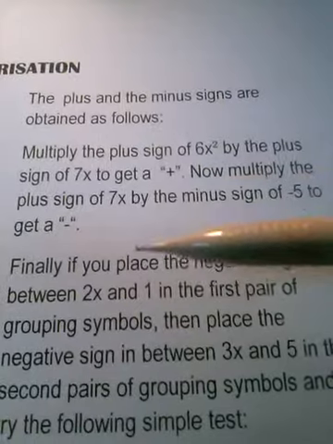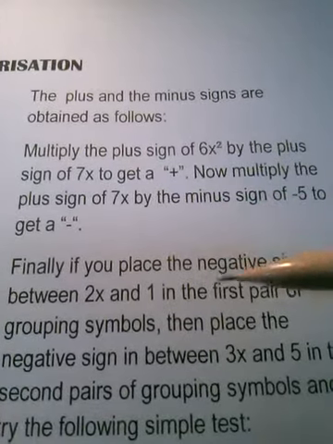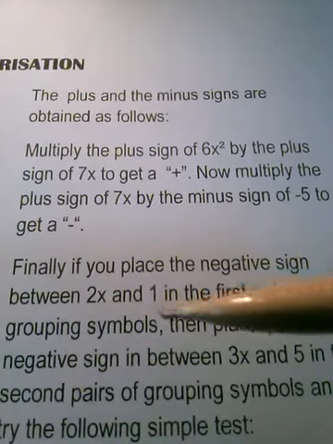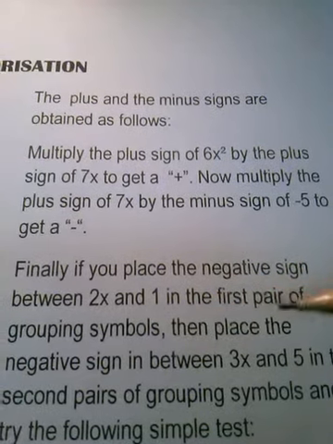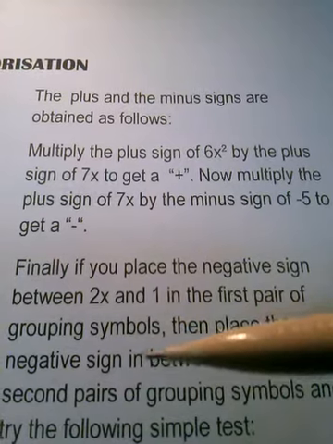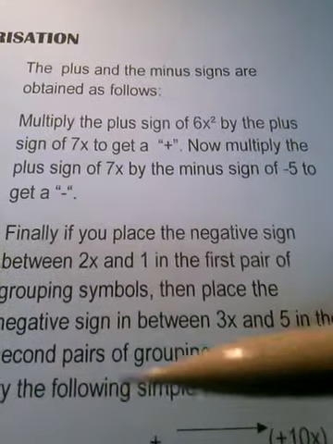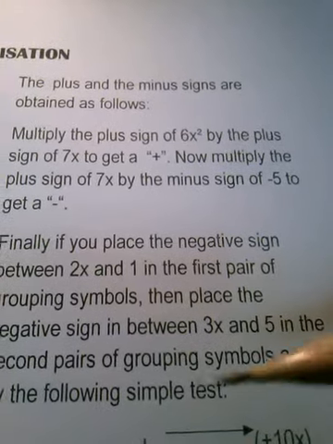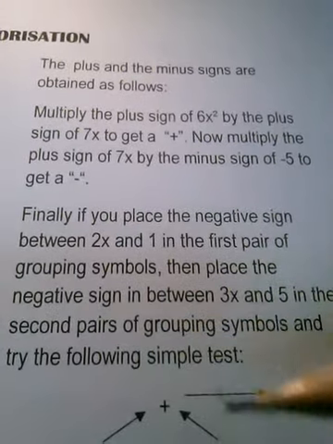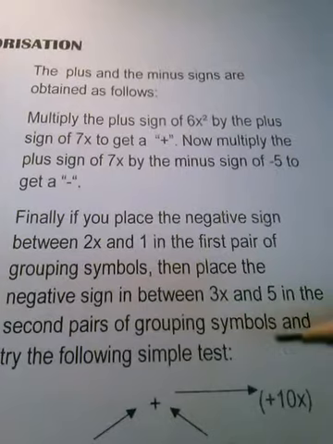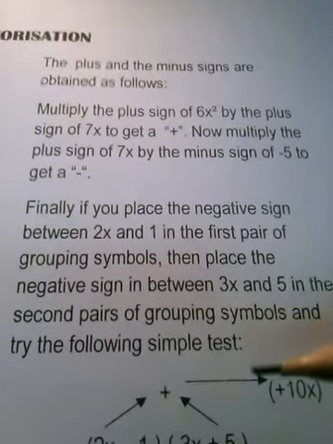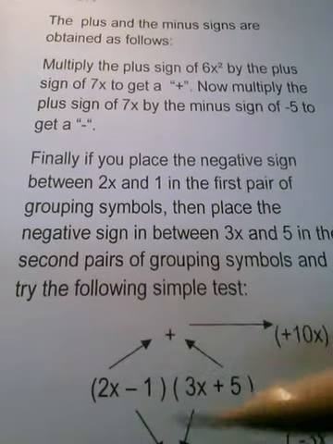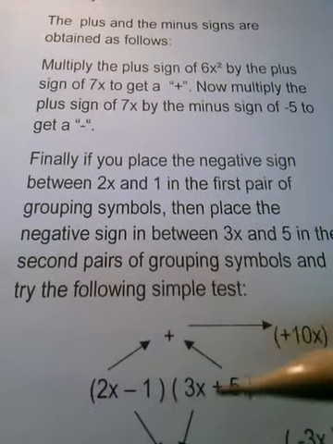Finally, if you place the negative sign between 2x and 1 in the first pair of grouping symbols, then place the negative sign in between 3x and 5 in the second pair of grouping symbols, and try the following simple test. Now that's what we have achieved for this trinomial.